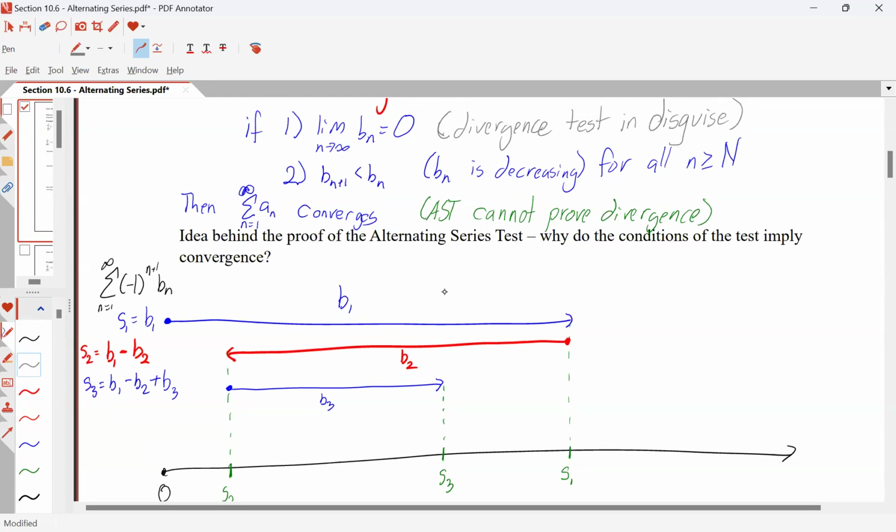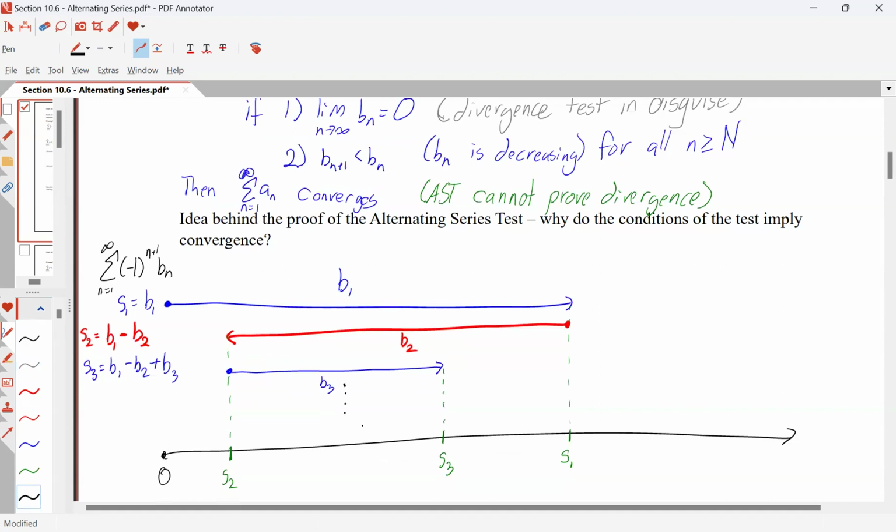So eventually, as we continue down, these lines are going to be very short and go to 0. So eventually, kind of like the telescoping series, we have telescoped in or narrowed down into this one singular sum. So those two properties play together to say we're going to narrow in on a singular sum. So this is why this alternating series test works.